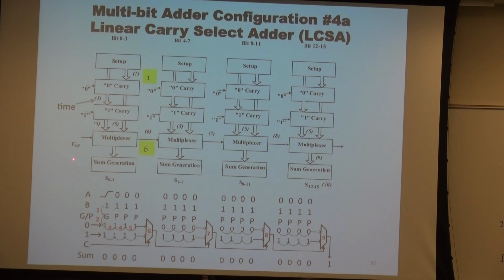So after 1 unit of time, which is the multiplexer delay, we'll be having the value over here. So initially, if it is 0, it will take, say, the value over here from this side. And if it is 1, then it will be selecting from here.